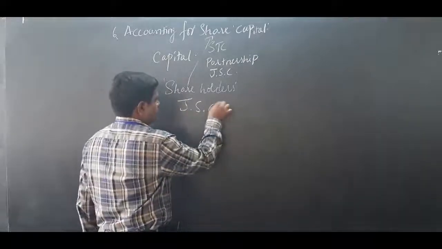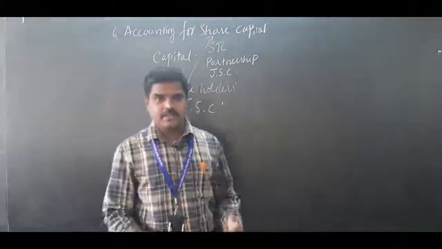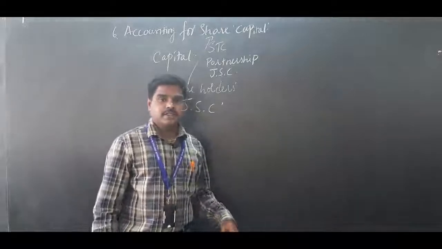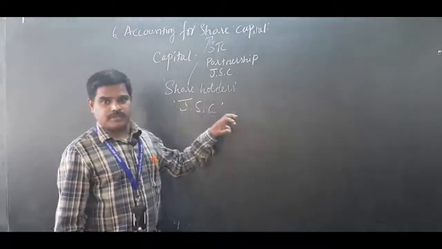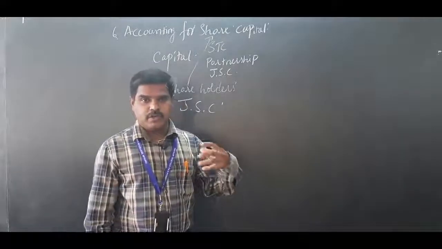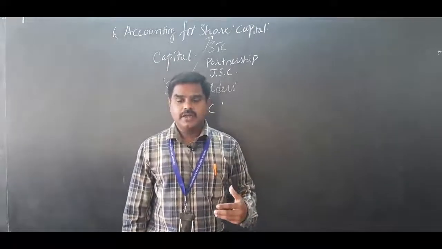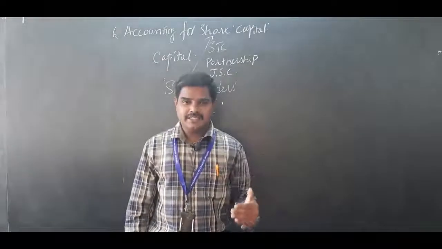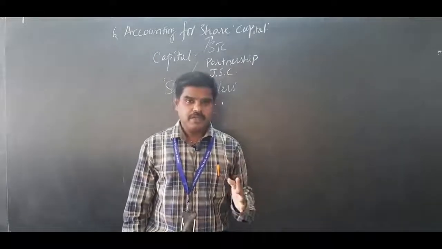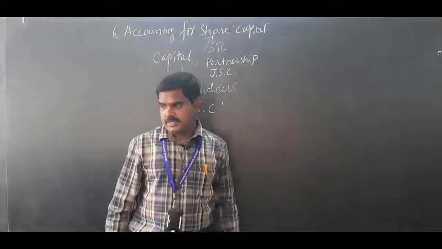In this chapter you are going to study the meaning of joint stock company, the types of shares a company will issue, how the company will issue the shares, the procedure for issue of shares, and the journal entries for issue of shares at par and issue of shares at premium. This is what the chapter is called, accounting for share capital.